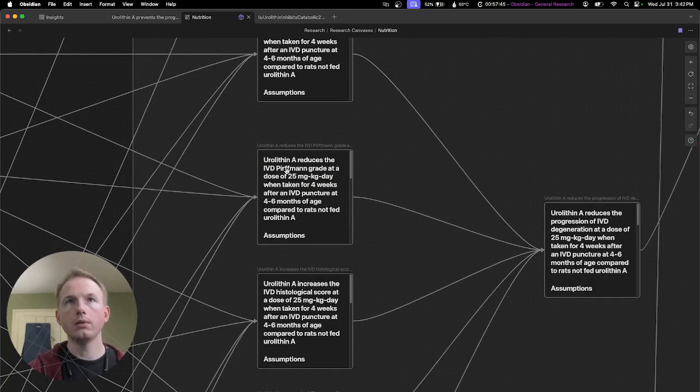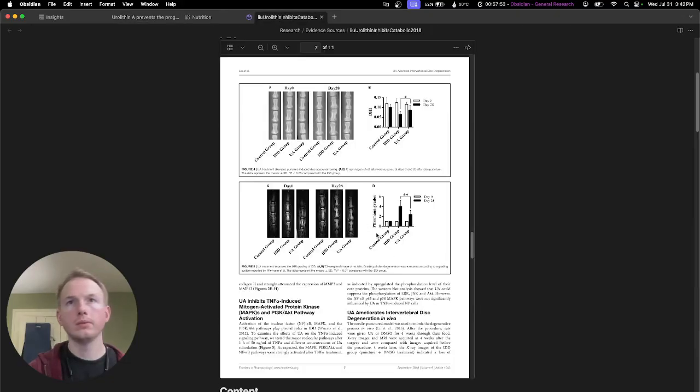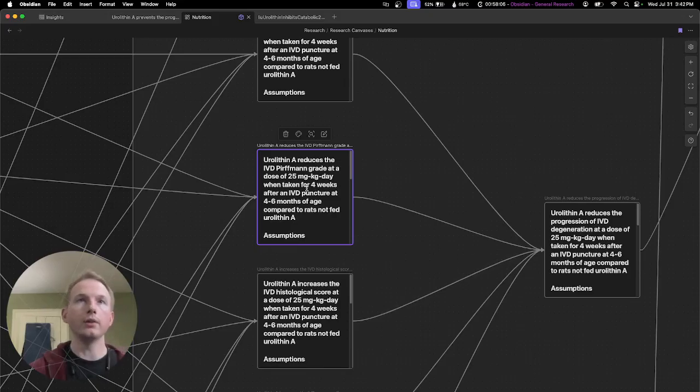Reduces the Pfirrmann grade. Even that's not worded great. So urolithin A does not reduce the Pfirrmann grade.